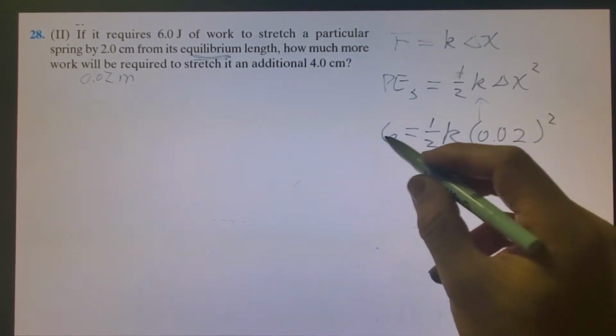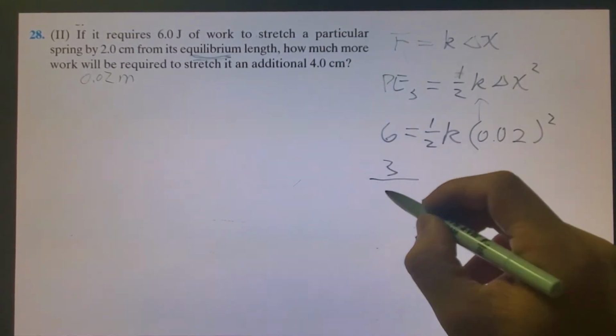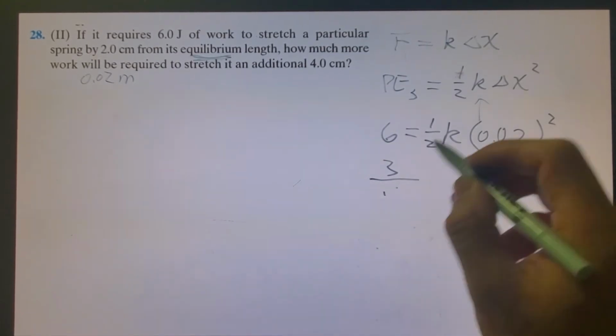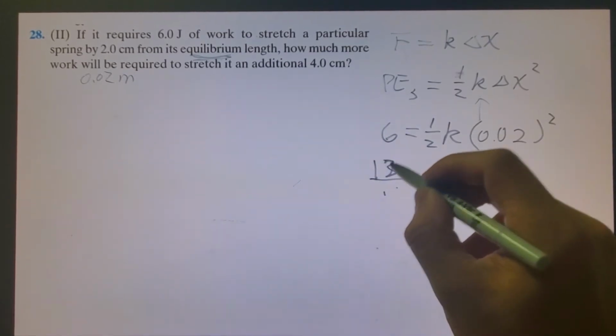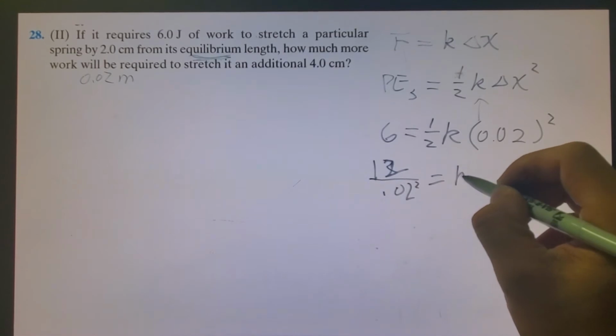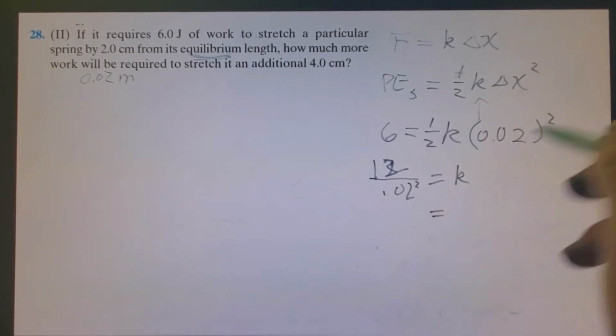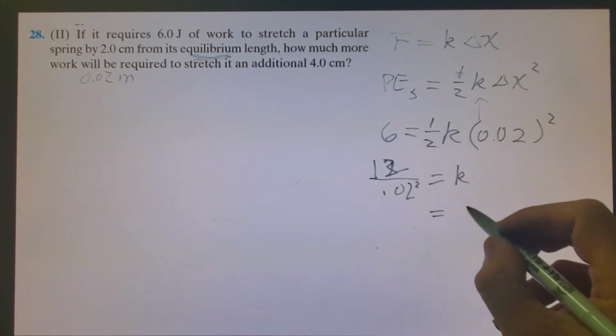All right, so now based on this one, can we calculate K? Yes. So 6 times 2 is 12. You multiply by 2 on both sides, divided by 0.02 squared, that would be equal to K. So 12 divided by 0.02 squared, I get 30,000.